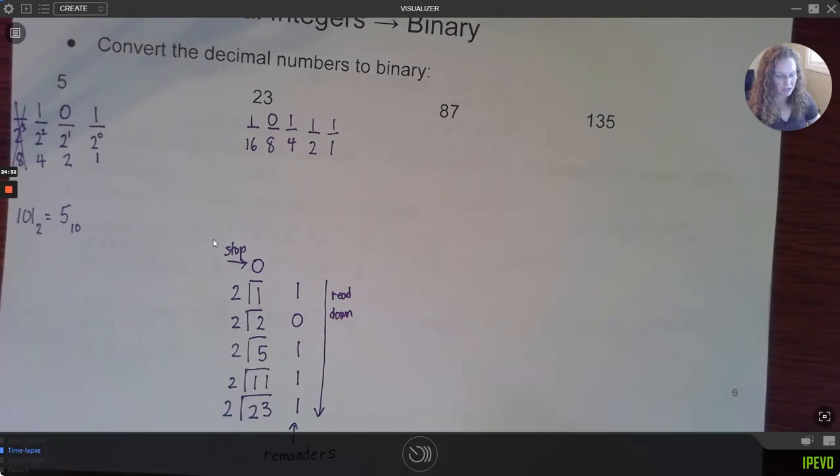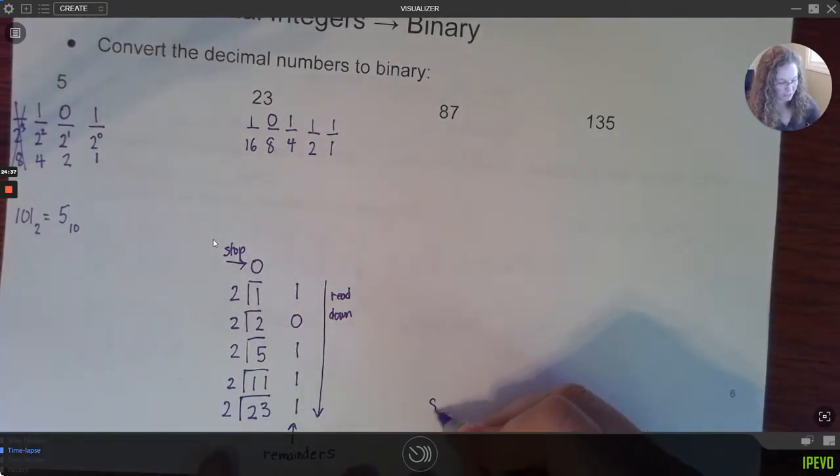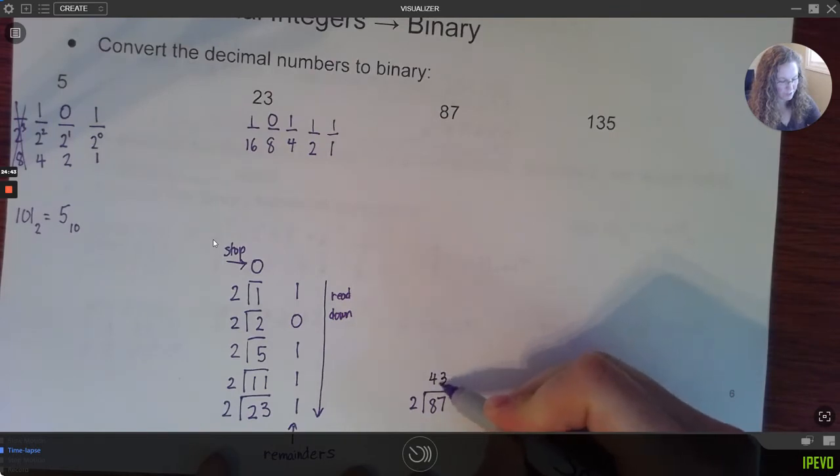Okay, so let's try that with the number 87. I'm going to take the number 87 and divide that by 2. 2 goes into 87 43 times with a remainder of 1.